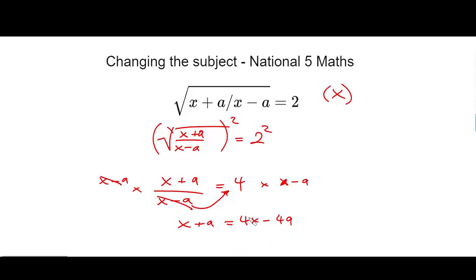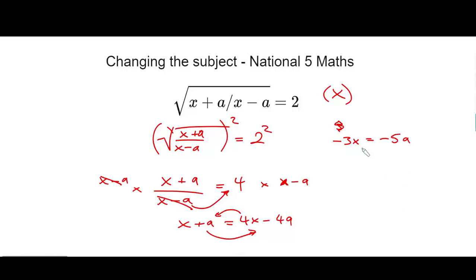So again, we've got two x terms, and we've got a terms as well, but we're wanting x. So we can move 4x over this side and move the a over this side. So that would be minus 4x, so it's going to be x minus 4x, which is minus 3x, is equal to, bring this over, that'll become minus a, so it's going to be minus 5a.